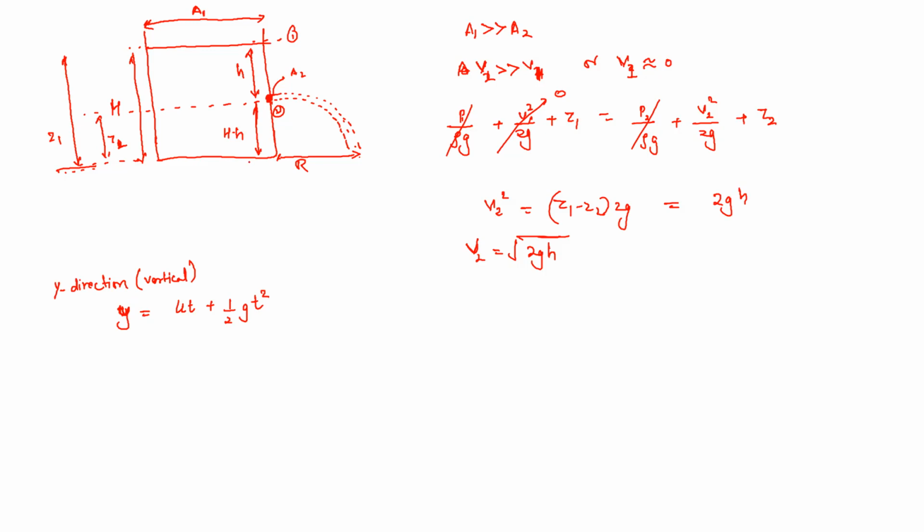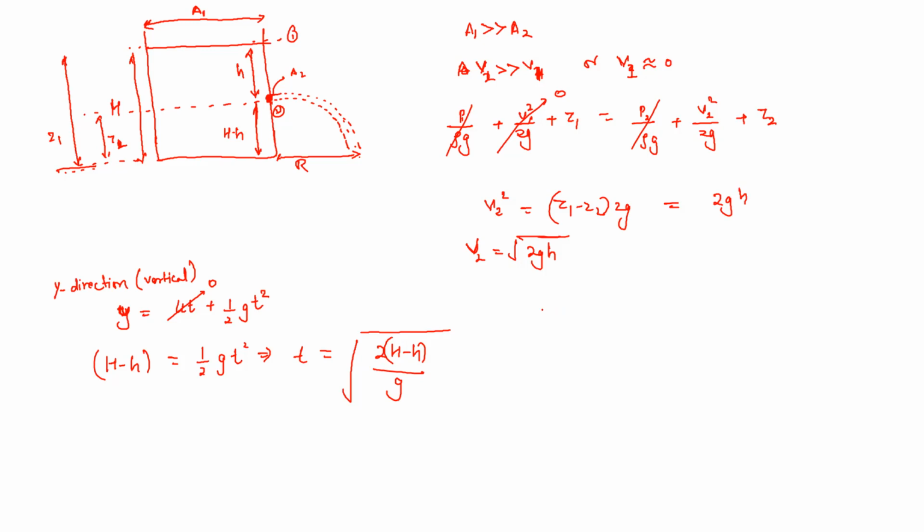So this is capital H minus small h, which is equal to, since u is 0, this ut goes away, and you just have half gt square. From here you can calculate the time period. So this will be equal to the square root of 2 times (capital H minus small h) over g.